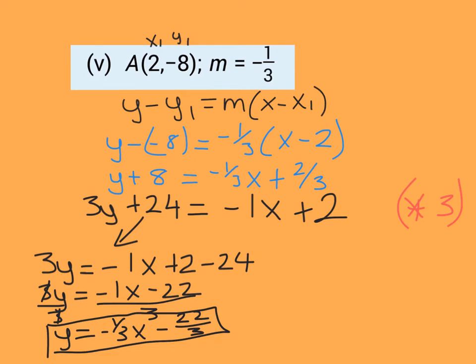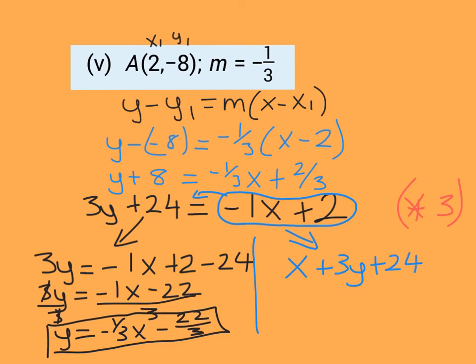If I write it in the other format, just going to change my color here. If I write it in the other format, which was ax plus by plus c is equal to 0, then I'm going to need to bring all of this over to the other side. So that'll give me plus x plus 3y plus 24.